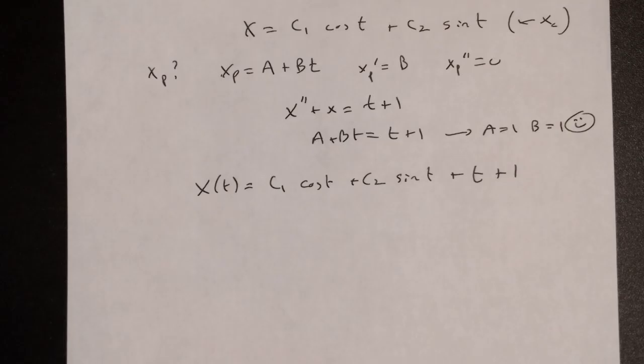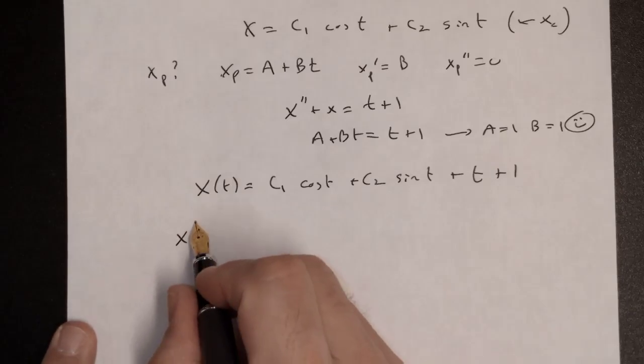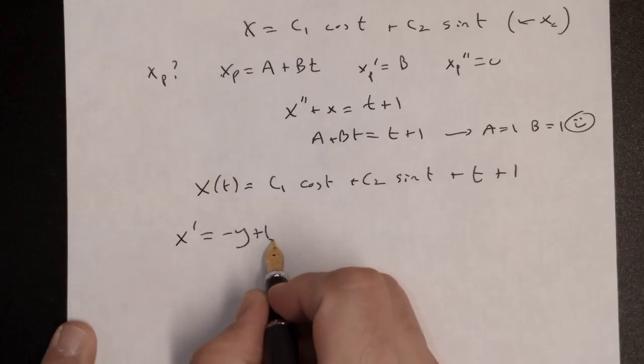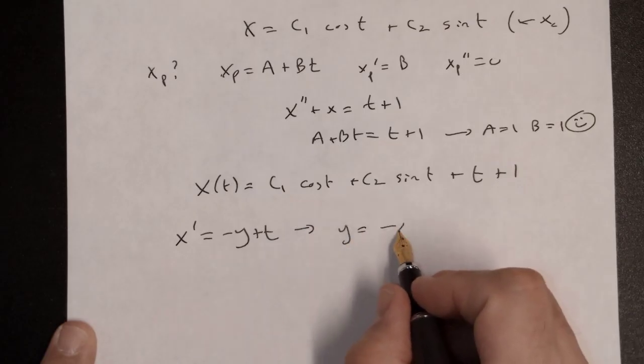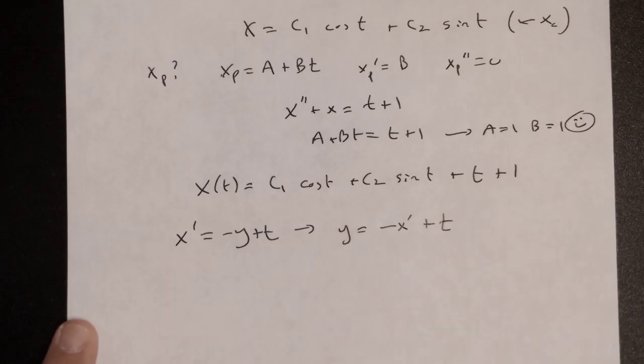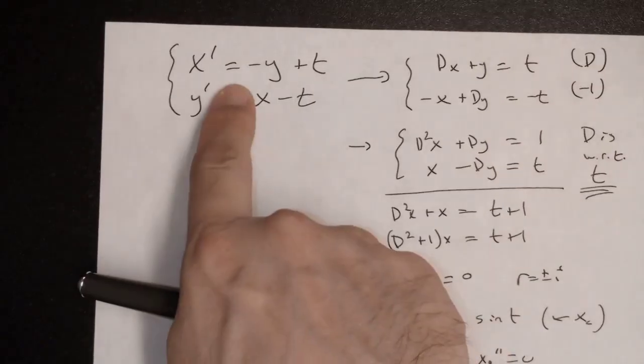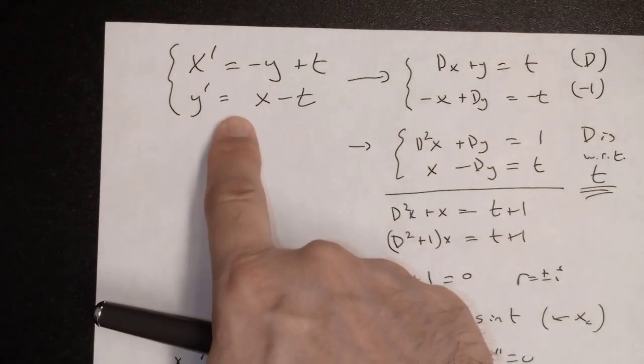What was the other equation? Which is the same as saying that y equals negative x prime plus t. I don't actually have to do an integral this time because I can do a derivative. That's this equation instead of this one.